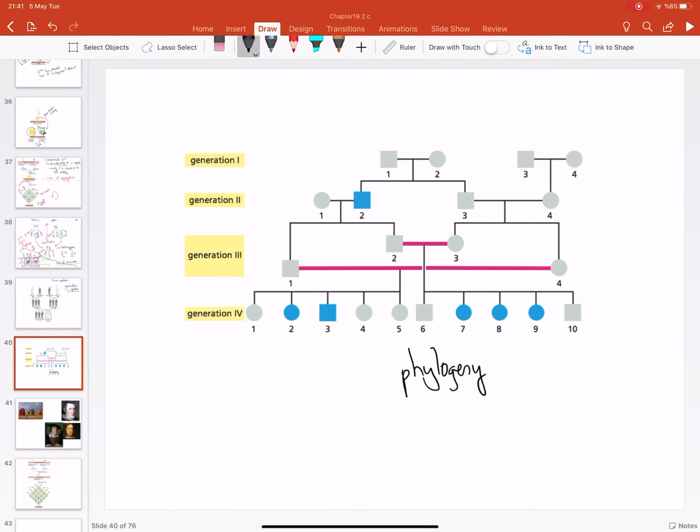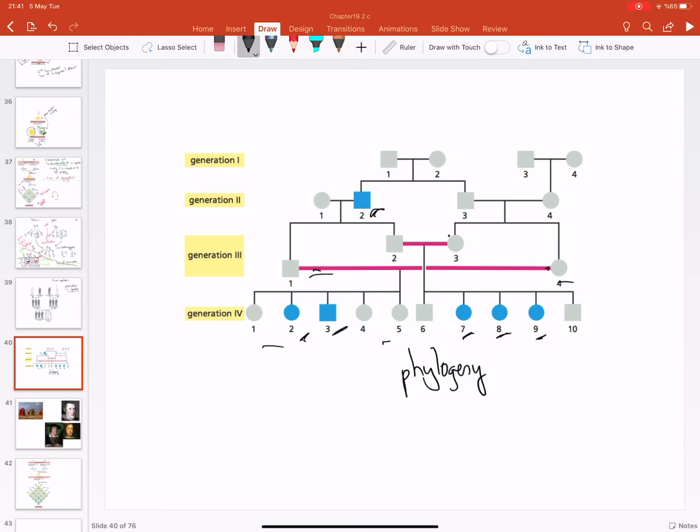But in real life, there are some problems that we encounter, and one of them is cousin mating, consanguinity. When cousins mate, like these two cousins, it increases the chance of having a disease. Although this disease is recessive, just because there are many cousin marriages here, it violates the Mendelian rules.